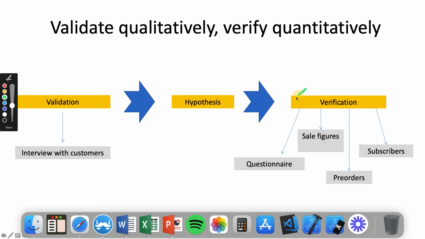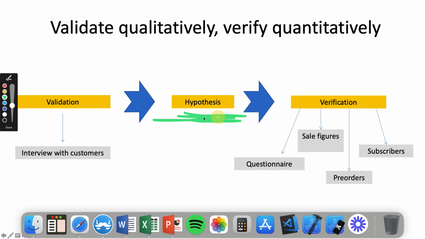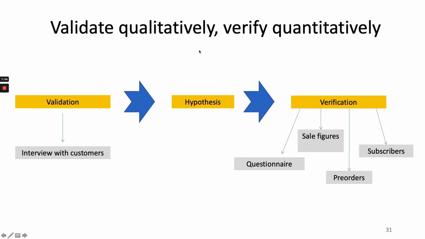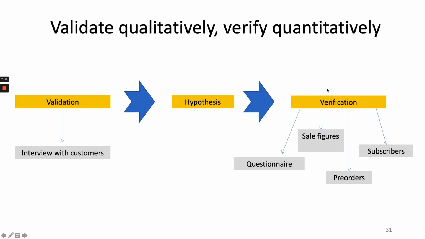So you do your verification part, then you start to measure subscribers, and if you meet the criteria for the hypothesis, you will say, okay, the idea has the potential to be really good. So validate qualitatively by, for example, an interview, and verify quantitatively, which means a number of subscribers, the number of pre-orders, sales figures, and so on.